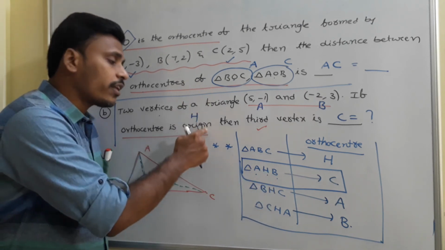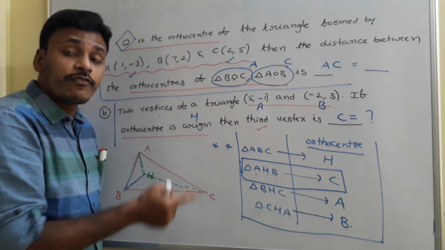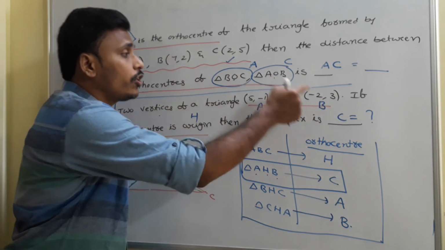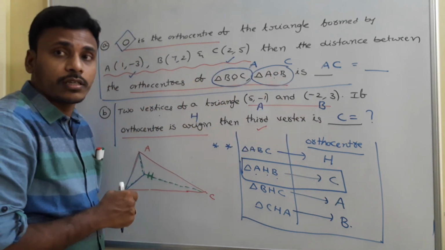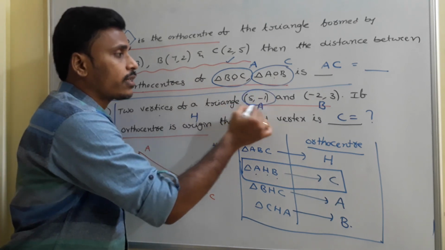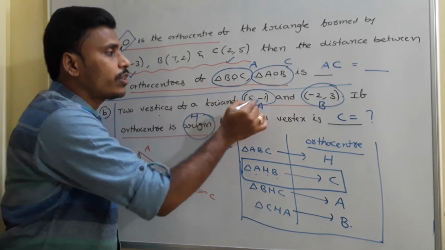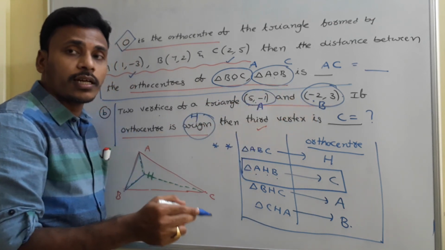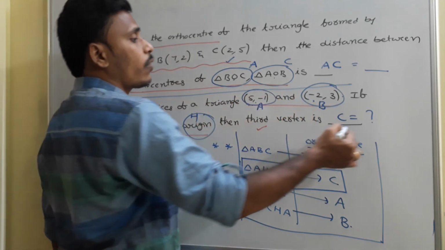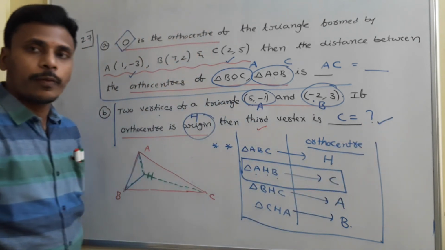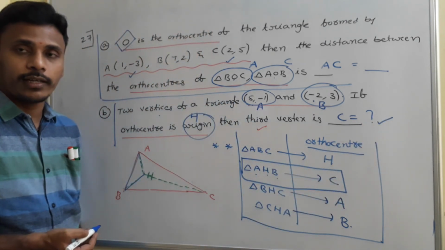So you find the orthocenter formed by these two vertices along with the origin as the third vertex. Using these three, find the orthocenter. That orthocenter is the required third vertex C. You just complete these two problems. Have a look.